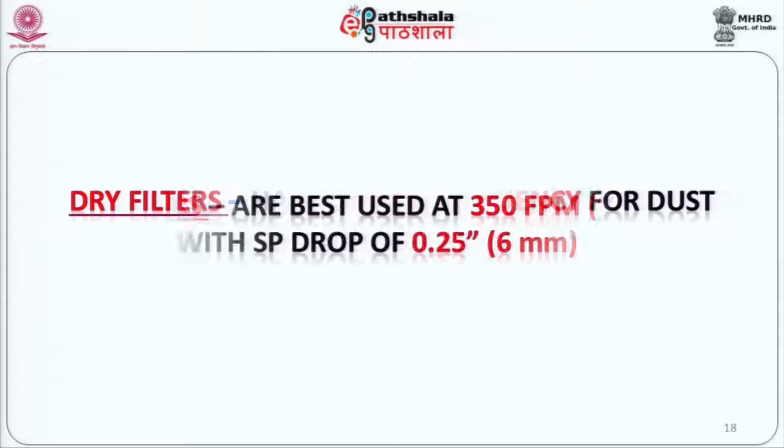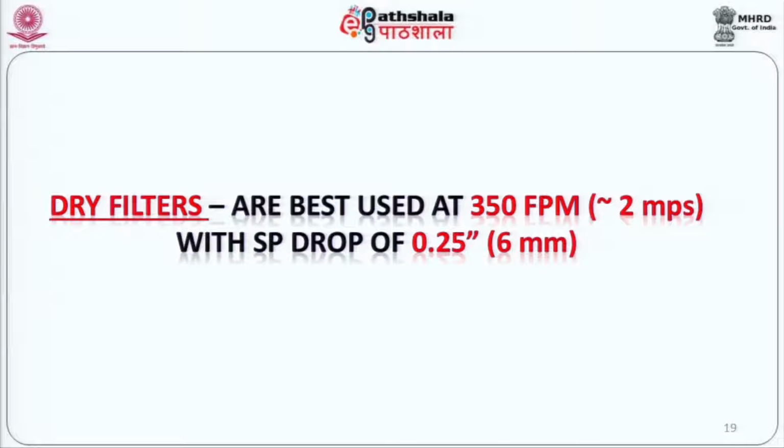The moment you put an oil on a dry media, its capacity to hold on to the dust it has picked up is better. All these filters, whether dry or viscous, are best used at velocities of about 350 fpm or roughly 2 mps with a static pressure loss of a quarter inch of water gauge.